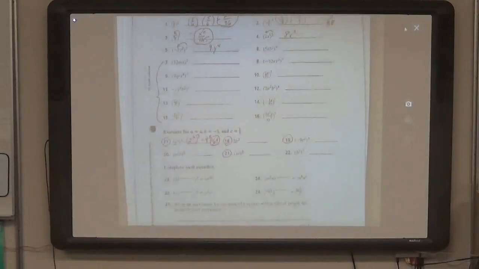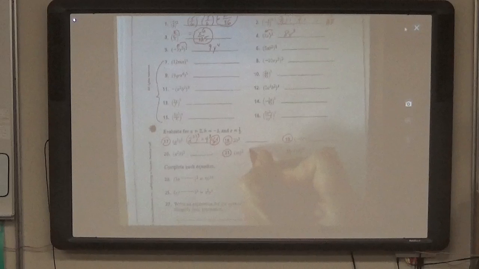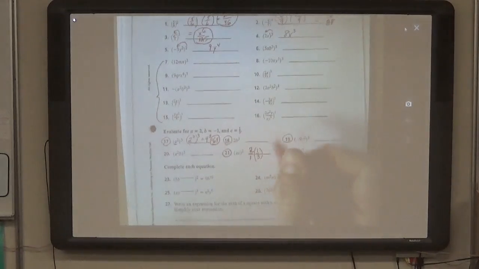How would you do number 21 since there's a number and a fraction? You'd have to write it out first. So 2 times 1/3. How would you write 2 as a fraction? 2 over 1. And then that's in parentheses.